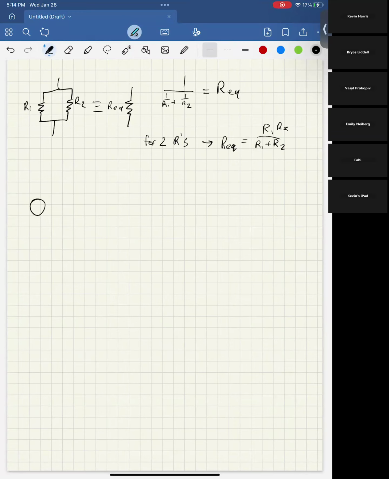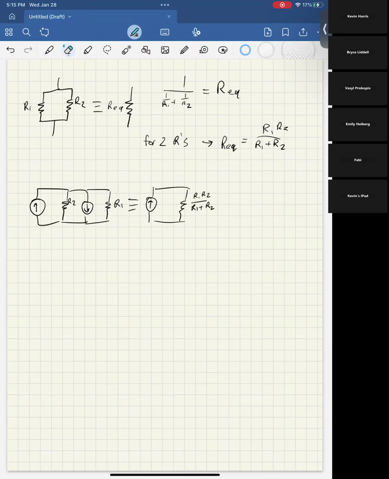So if I have a circuit that looked like this, and I had R1 and R2, then this is the same as a circuit that looks like this. And also, this reminded me of something I will talk about right now, where this is going to be R1 R2 over R1 plus R2.